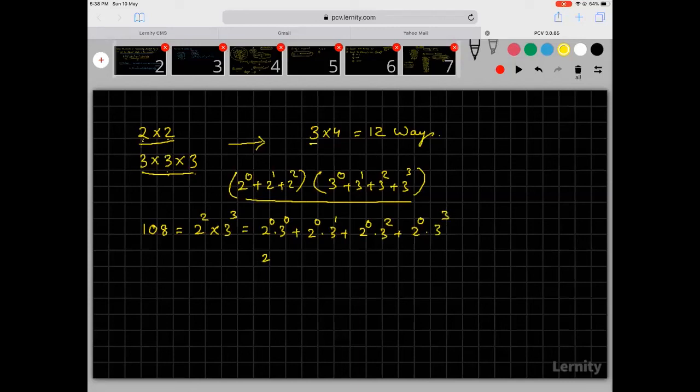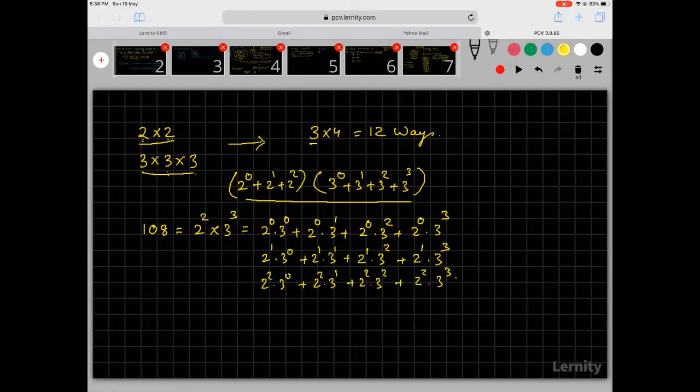Then 2 power 1 into 3 power 0 plus 2 power 1 into 3 power 1 plus 2 power 1 into 3 squared plus 2 power 1 into 3 cubed. Then 2 squared into 3 power 0 plus 2 squared into 3 power 1 plus 2 squared into 3 squared plus 2 squared into 3 cubed.